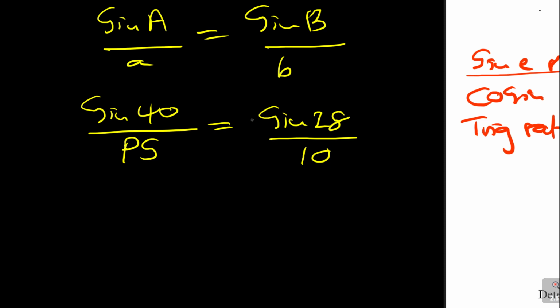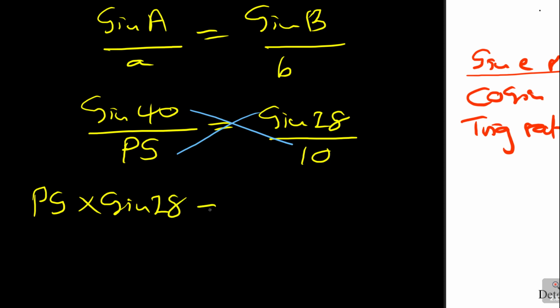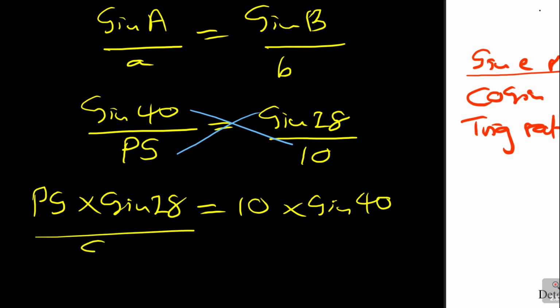Then after that, what do you do? You cross multiply. This top multiplies the bottom, this multiplies the bottom. So you're going to say PS times sine 28 is equal to 10 times sine 40. Then divide by sine 28 on both sides. See that?